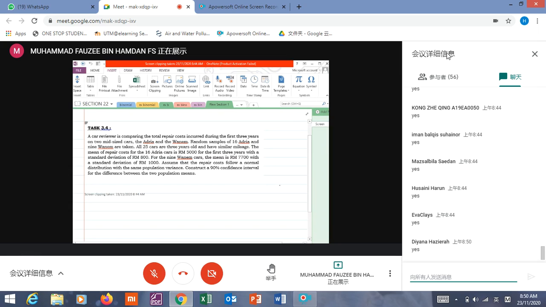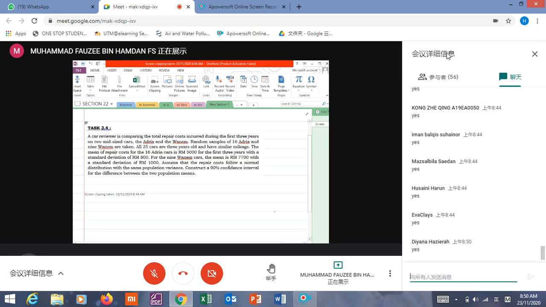Okay, there is the answer for this task. You can refer to the given answer at the right corner. At the end of the question, we provide you the answer. If you get the same answer, then maybe your steps are right.